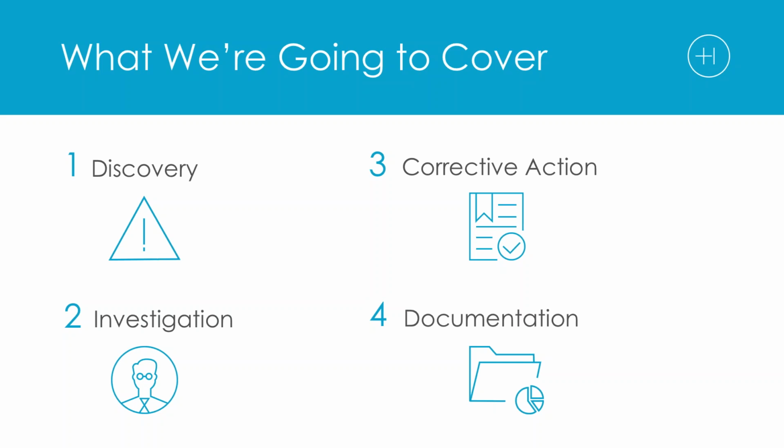We're really talking about discovery of incidents. Then once you've discovered something, how do you go about determining if you even need an investigation, and what are best practices with investigations? Then the actual corrective action, and then finally, to make sure that all of these steps can demonstrate the effectiveness of your compliance program, it needs to be documented well.